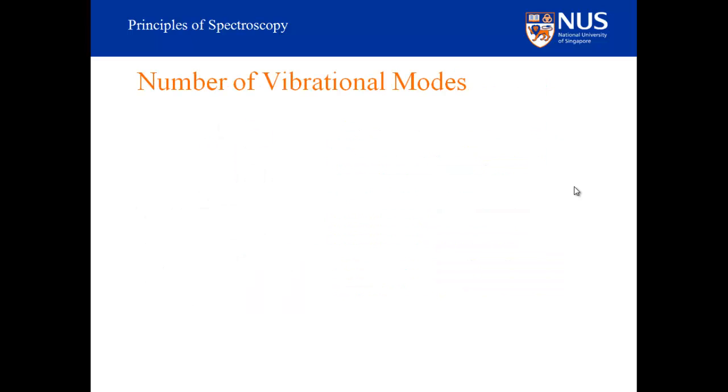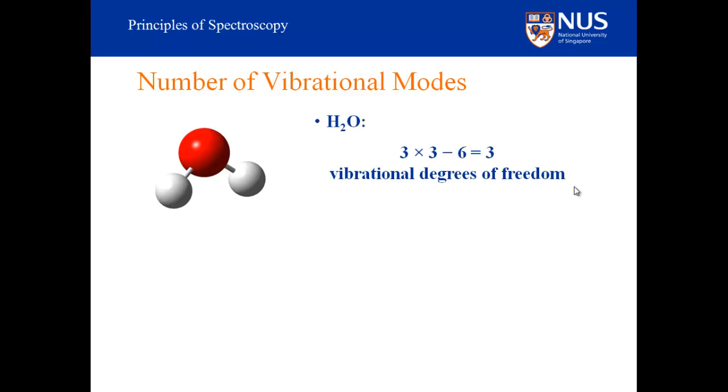So let's return to our two triatomics, water and carbon dioxide. Water is a nonlinear molecule, and so we expect it to have 3n minus 6 vibrations. And as n is equal to 3, this means that water has 3 vibrational degrees of freedom. The infrared spectrum had 3 bands, so it would appear that all the bands are infrared active and non-degenerate.